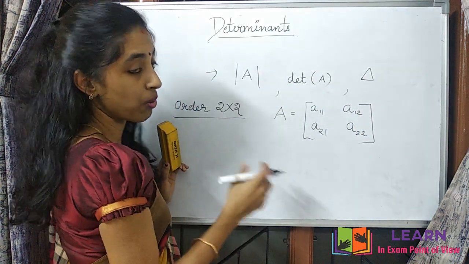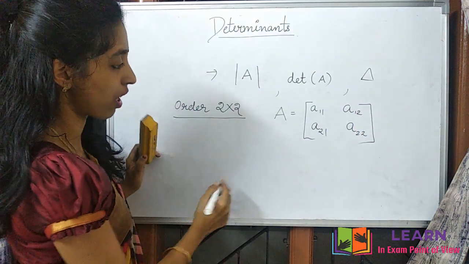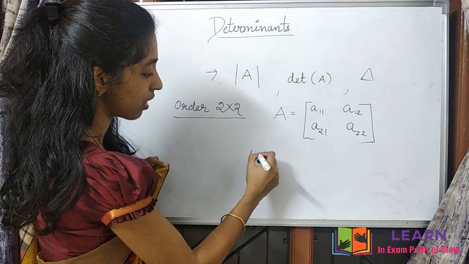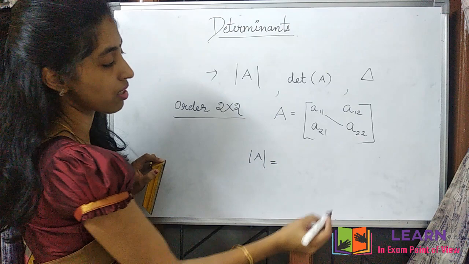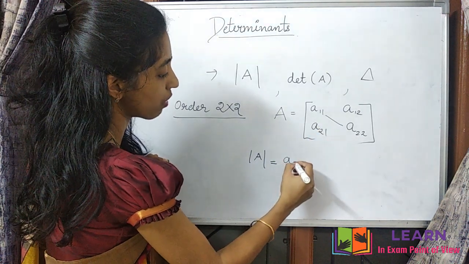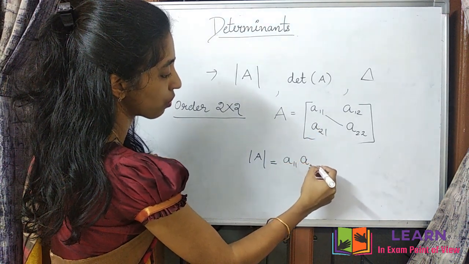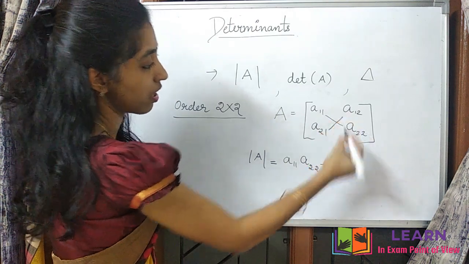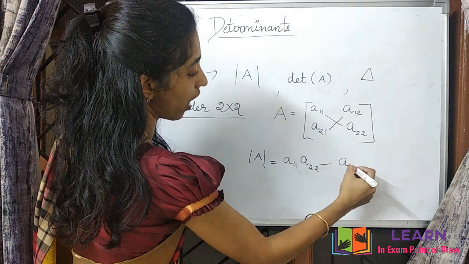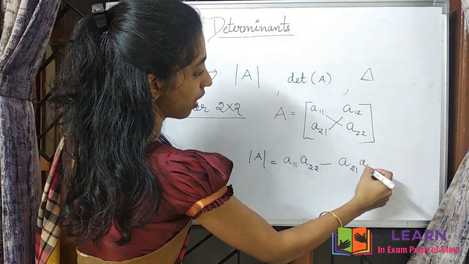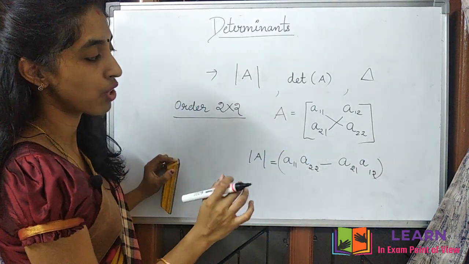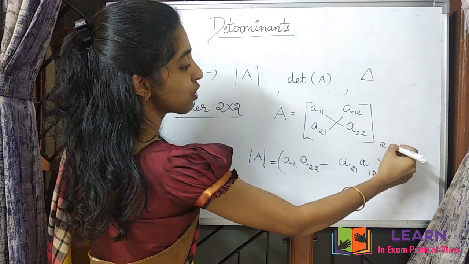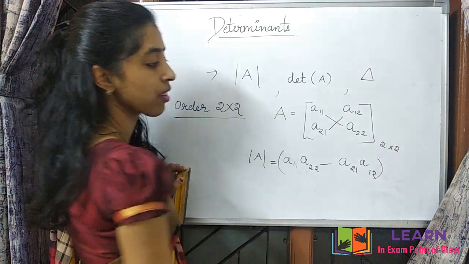To calculate the determinant A, we multiply these two elements, a11 a22, then minus these two elements, a21 a12. This will be the determinant of a 2 by 2 matrix.